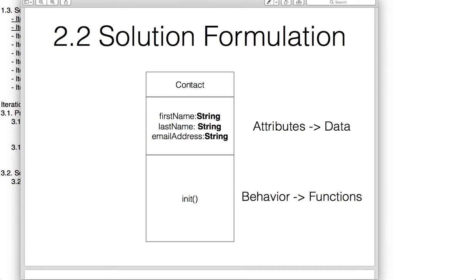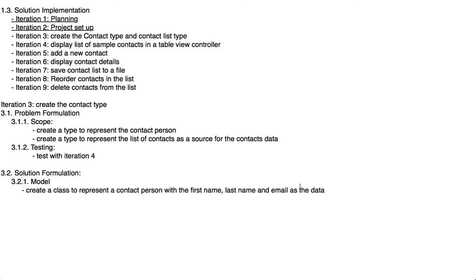So we're going to have 2 initializers, one that sets up a default value, and then the second that initializes it to a set of values that the user would be interested in. So the contact person has the data or attributes, and 2 initializers to initialize the data.